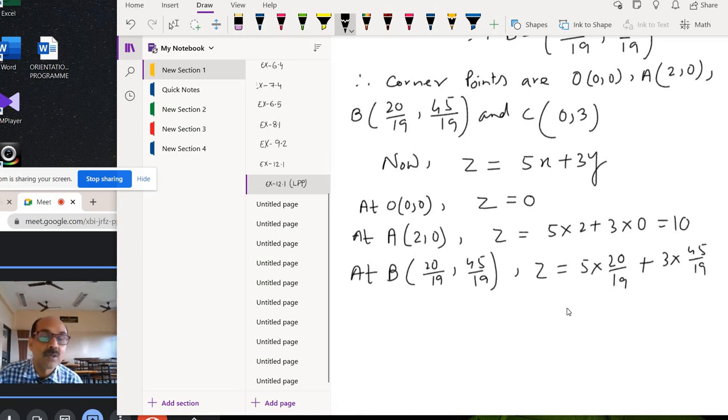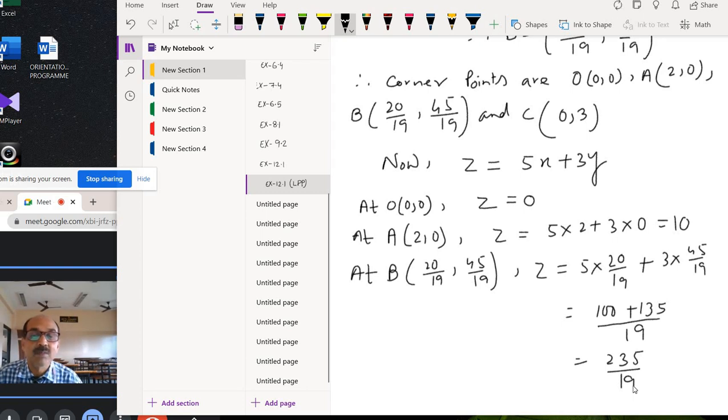Calculate this. 5 into 20, 100. So 100 plus 3 into 45, 135. 135 by 19. So 235 by 19, approximately 12.37.